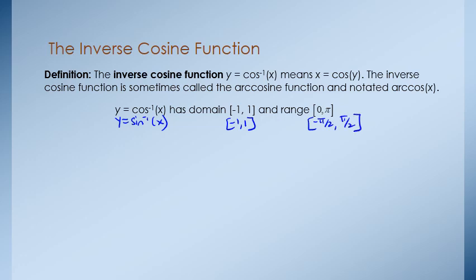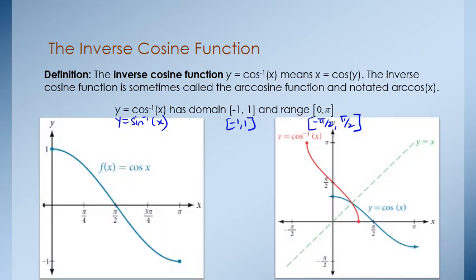And the reason why we did that is because it gave us a 1-to-1 function, and it gave us a sprinkling, you might say, of positive and negative outputs. For the cosine function, notice the same sort of thing happens. If we restrict our range of the inverse function from 0 to pi, we're going to see not only positive outputs, but negative outputs as well. So we get a little bit of both.